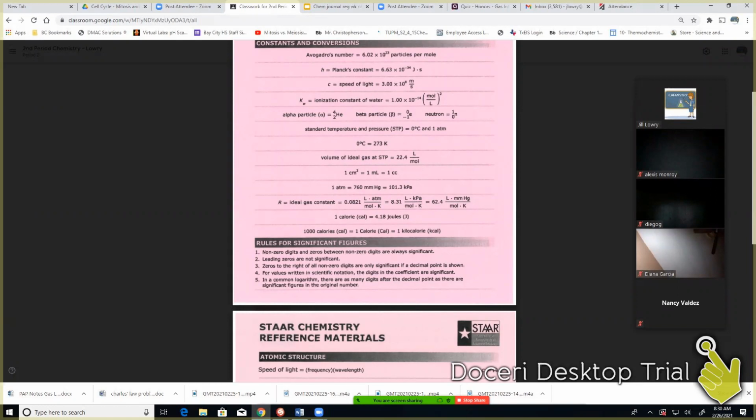So if you want to mark on your pink sheet, these are what we're going to be using today. These are your pressure conversions. And then if you'll add on the other end, 760 torr, T-O-R-R.